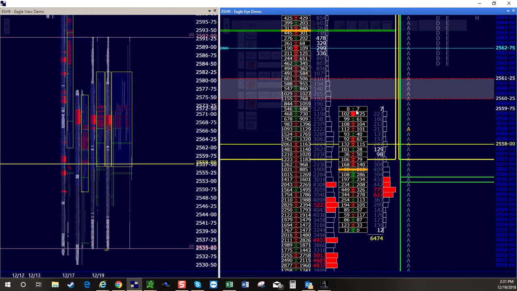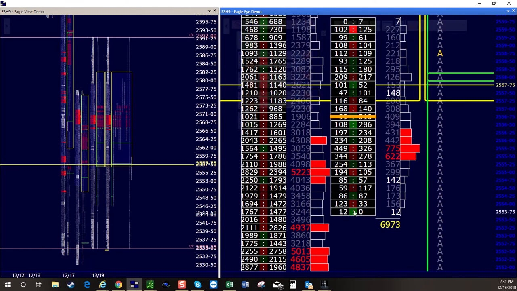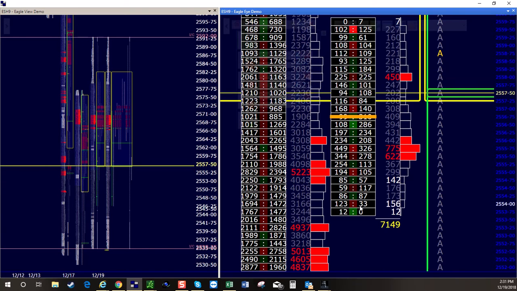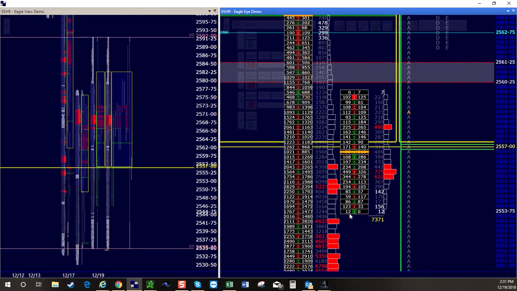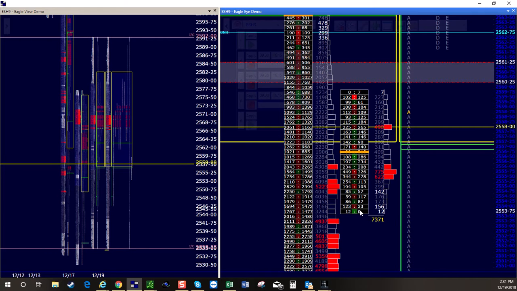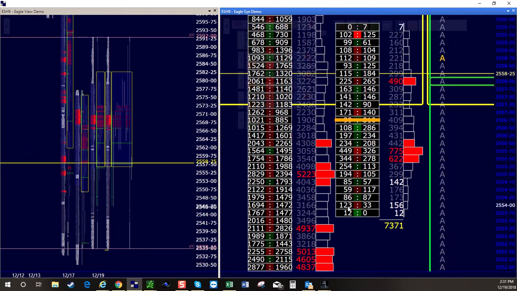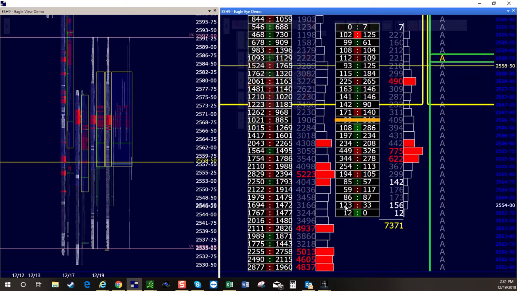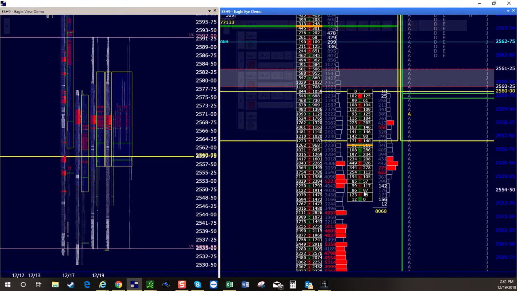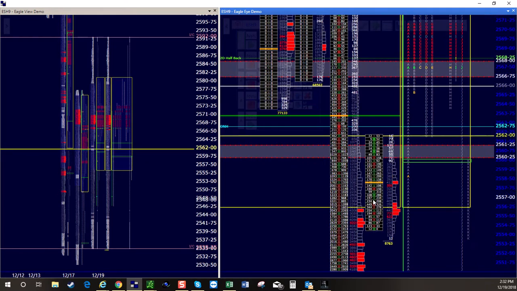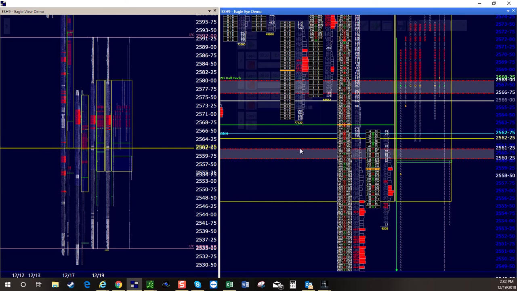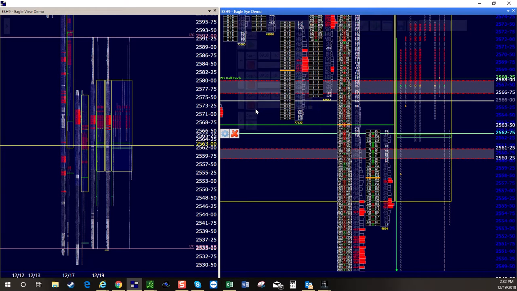Red, sell. Green, buy. These are the buyers on the left hand. These are the sellers. Buyers, no sellers. We're going up.